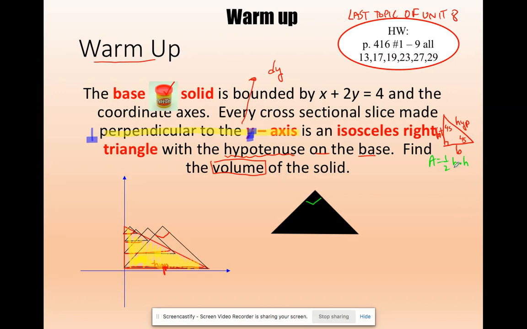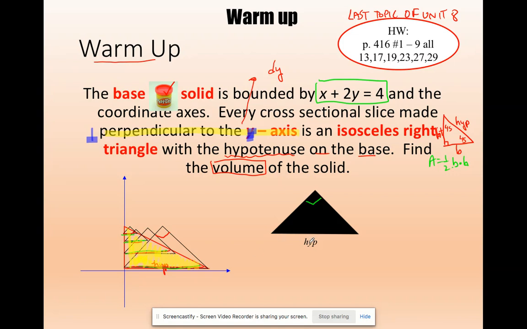Remember, though, since it's isosceles, the base and height are the same. Do you remember how to go from the hypotenuse? And why do I care about the hypotenuse? The hypotenuse lays in my Play-Doh. The length of every hypotenuse goes from the y-axis out to that diagonal line.